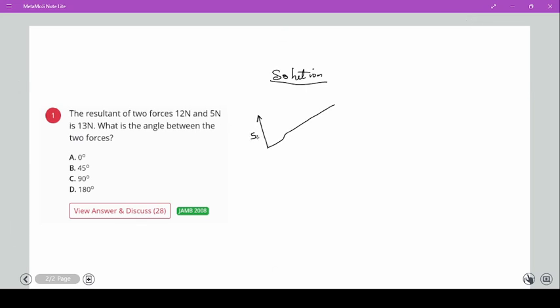So we have here to be 5 and here is 12 Newton. And using the parallelogram law of vectors, we know that the resultant has to come from here. But before that, we have to draw a diagram for this, which means I'm representing this as a parallelogram, so we're going to have something like this.